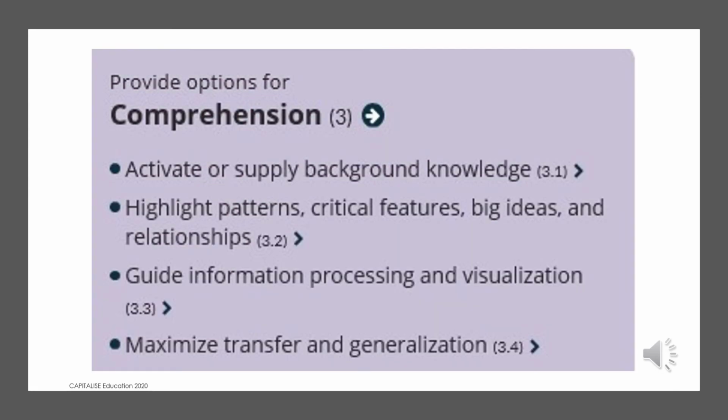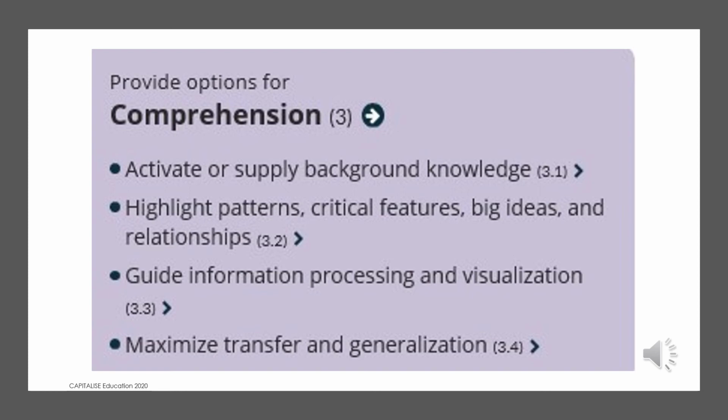The second guideline underpinning the internalized layer of the Universal Design for Learning framework focuses on supporting students to develop internal strategies to support comprehension. To achieve this, teachers ensure that they supply students with the background knowledge they need to engage in the learning process, or support them to make connections between previous knowledge and new knowledge.